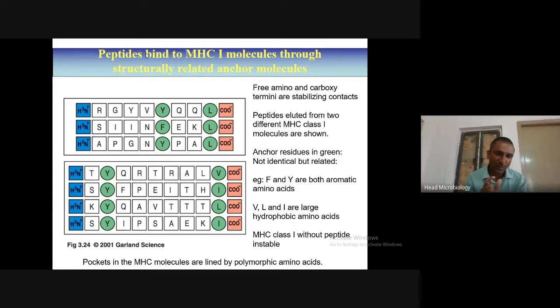For example, take any three persons, X, Y, Z, and isolate their DNA and load it in different gels.